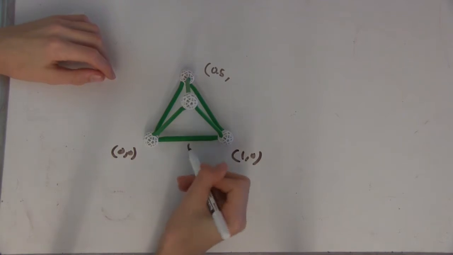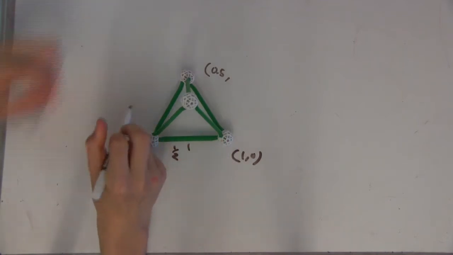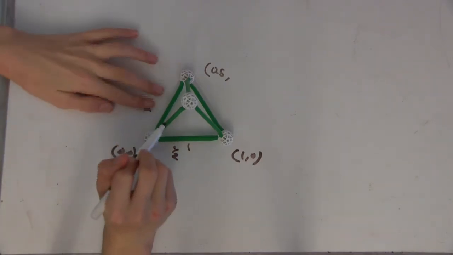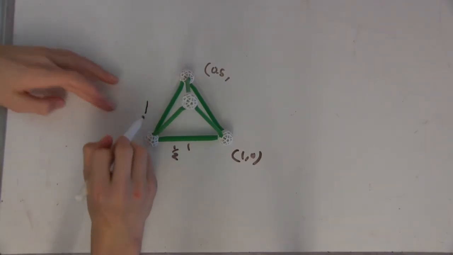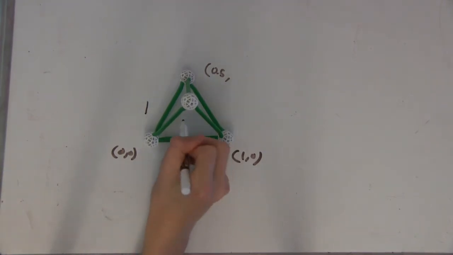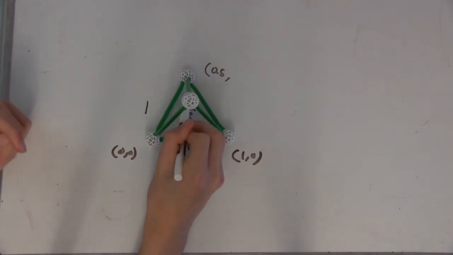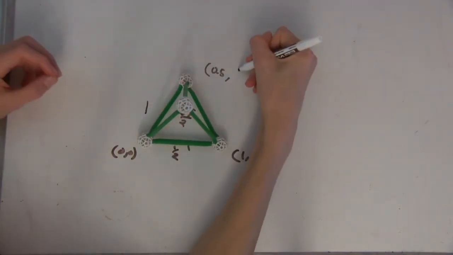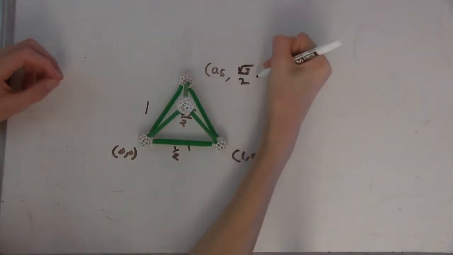The 1 will be a half, and because this is 1, we can say that this is 1/2 times root 3, so root 3 over 2, which is this length coming down. So that means this is going to be root 3 over 2.